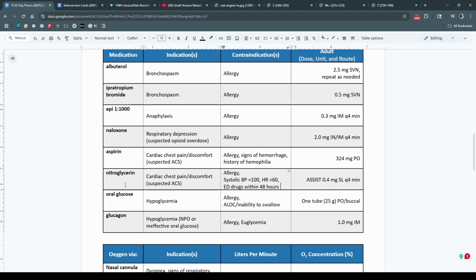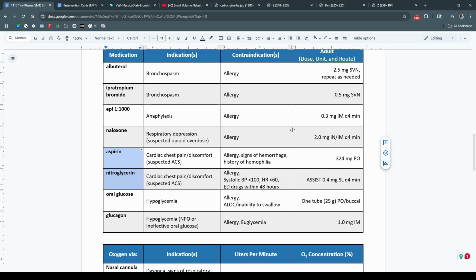What's really interesting is that aspirin and nitro are both for cardiac chest pain, but aspirin has a mortality reduction of about 23% according to the AHA, meaning if 100 people are going to die of a heart attack, and I give them all aspirin, suddenly now 23 of them won't die because we gave them aspirin.